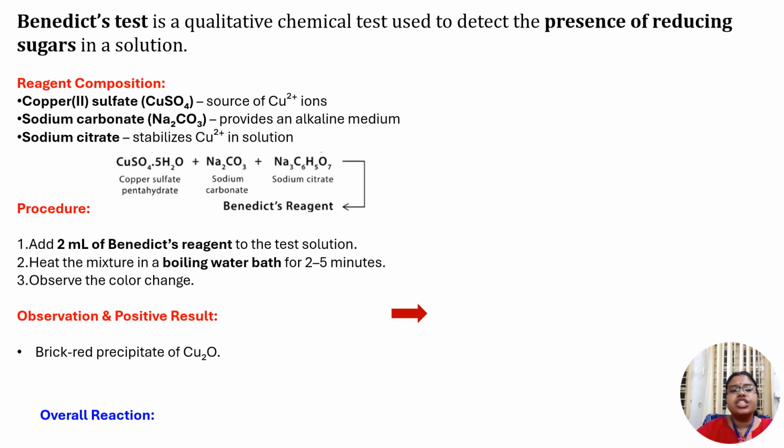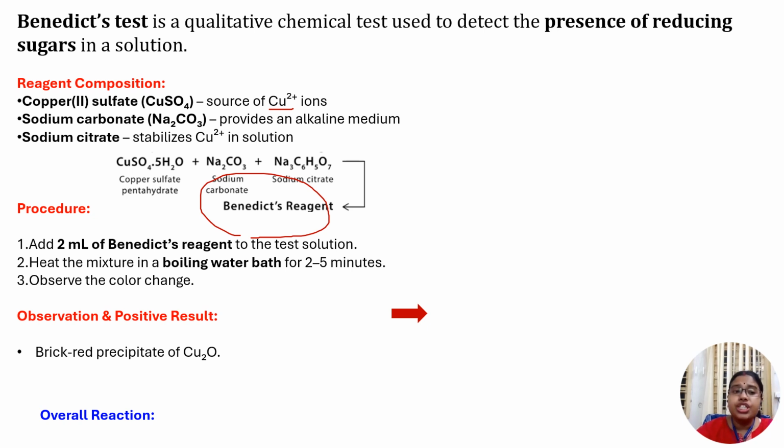It is composed of copper sulfate, which is the source of the copper 2+ ion, sodium carbonate, which provides the alkaline medium, and sodium citrate, which stabilizes the copper 2+ in the solution. The mixture of copper sulfate pentahydrate, sodium carbonate and sodium citrate is known as the Benedict reagent.